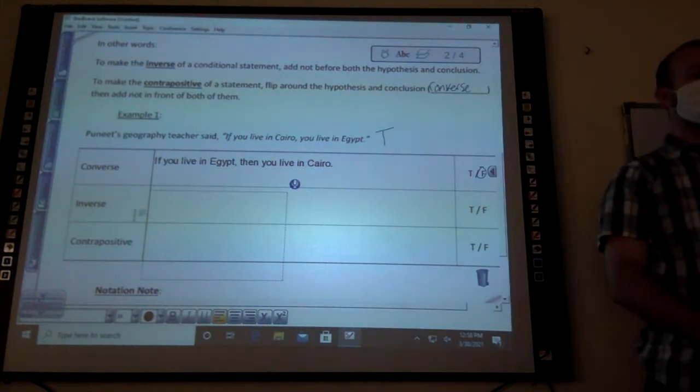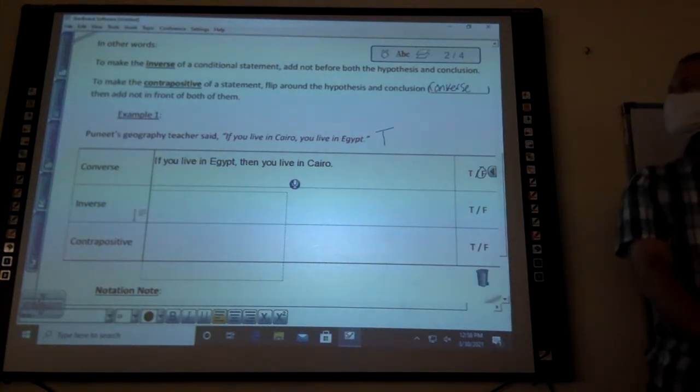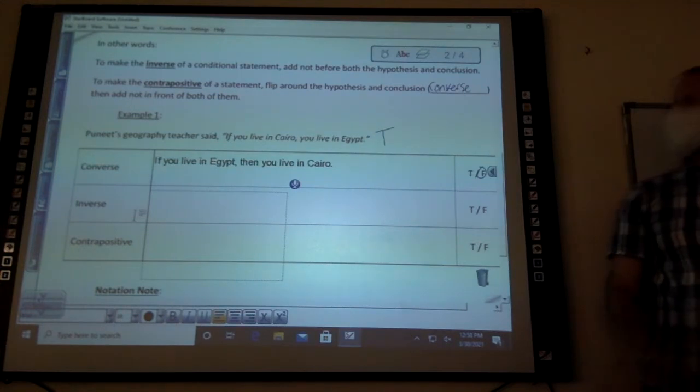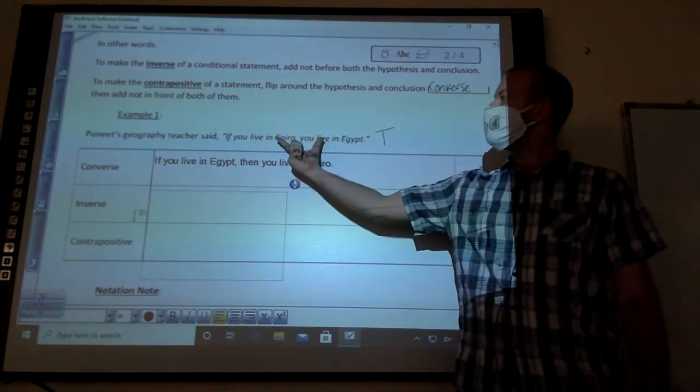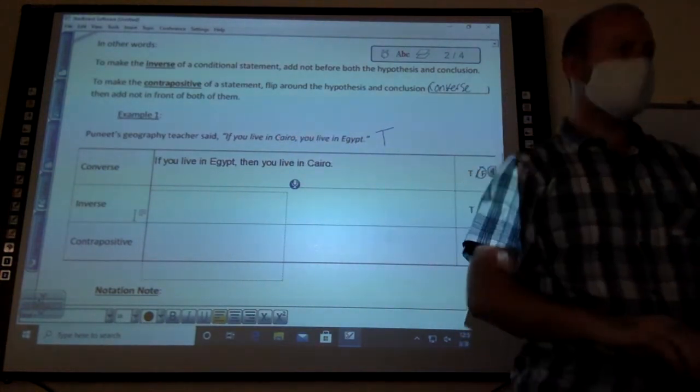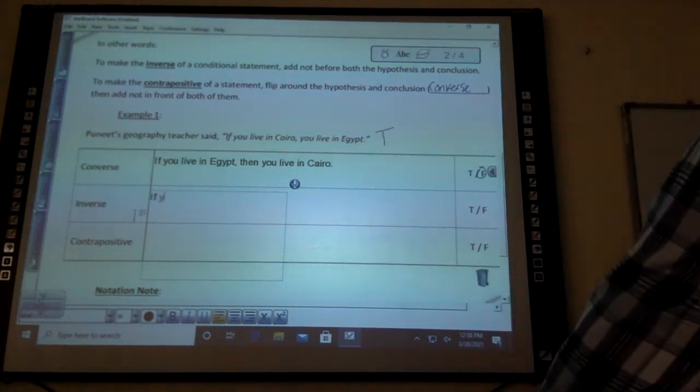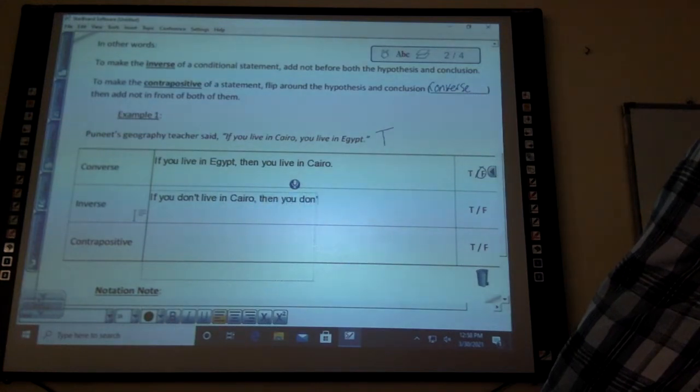All right, what would be the inverse? Yeah, so you just take this and make it negative. So if you don't live in Cairo, then you don't live in Egypt.